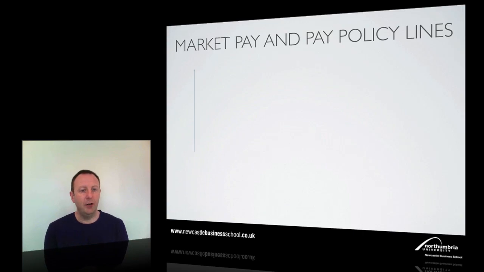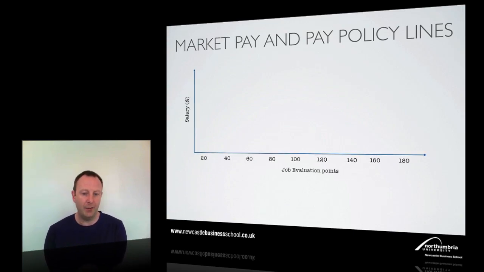So, how does this work out? So we have our approach towards our market. What do we do with that? How do we apply these ideas to an actual organisation? How do we eventually get from that to the construction of a pay structure?